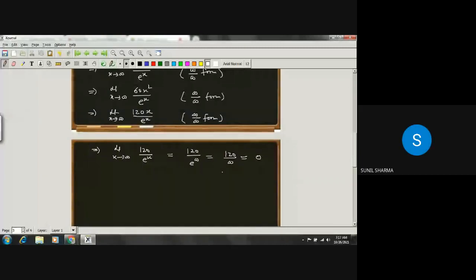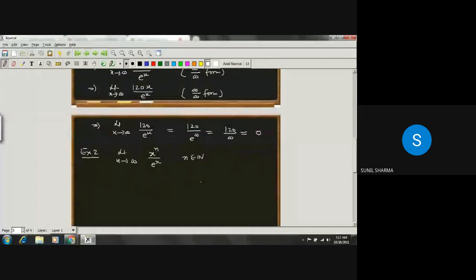So let us take another example. Example number 2. Limit x goes to infinity, x to the power n upon e to the power x. Here n belongs to natural number. In the previous example, we considered x to the power 5.